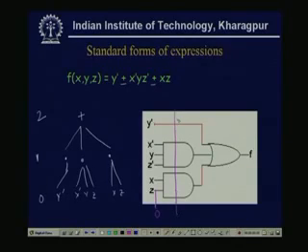See here, only one literal y dash is there, 3 literals are there, 2 literals are there, and this is my second level OR. So, this is the way I can represent that.